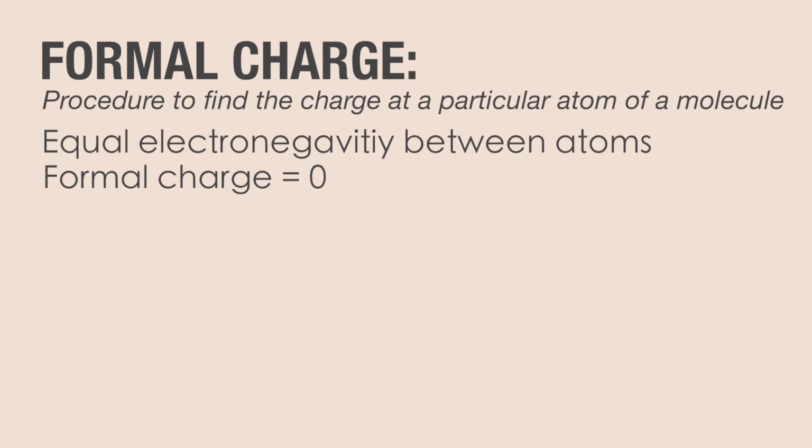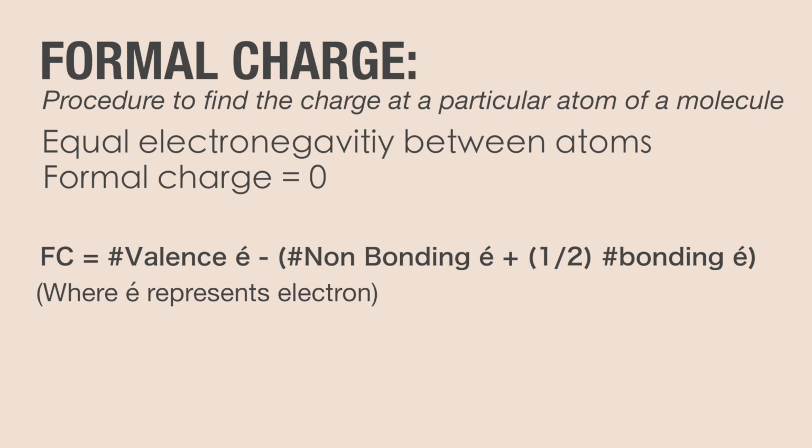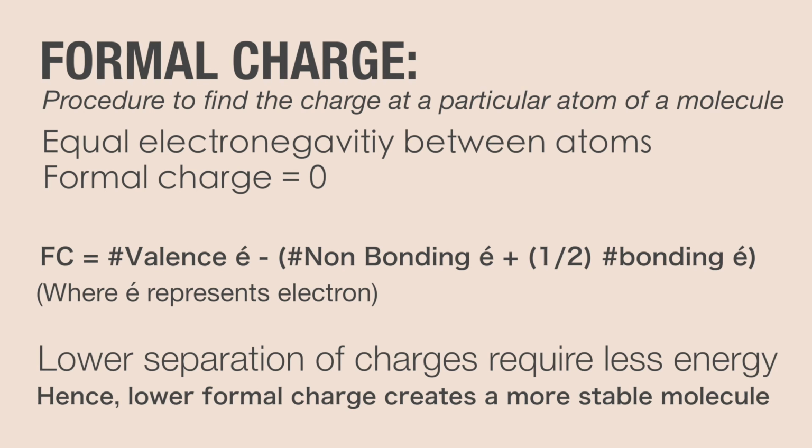Otherwise, the formal charge can be calculated with the following formula. Formal charge equals number of valence electrons in a neutral atom minus number of non-bonding electrons plus half of the bonding electrons. When there is a separation in the molecule, it takes energy. Thus, we want the lowest separation of charges, and hence, the lowest formal charge will create the most stable Lewis structure.